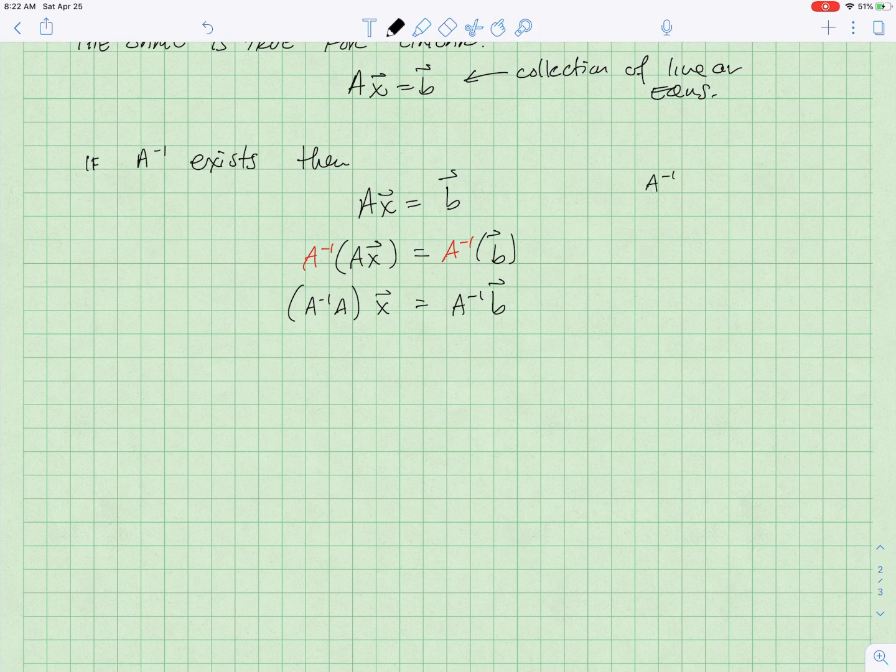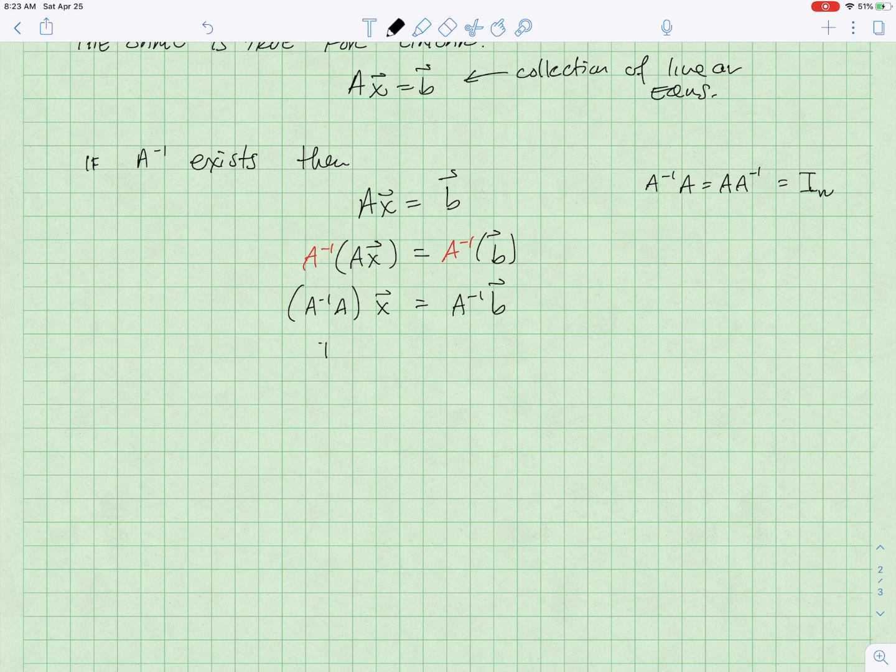A inverse times A, or A times A inverse, should give rise to not the number 1, but the identity matrix of the appropriate size. So that's the definition. And we're going to talk about that in just a little bit in our next video. I just wanted to give you the analogy between algebra and linear algebra here.